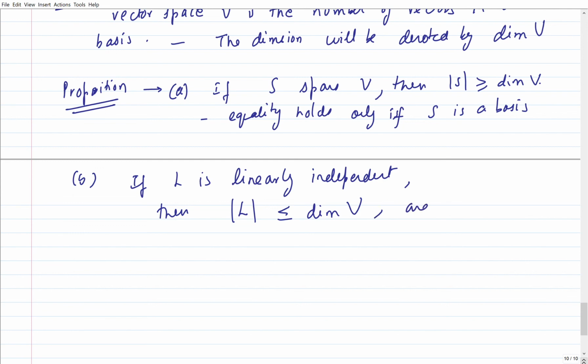and equality holds only if L is a basis. Okay, so we'll end up here.